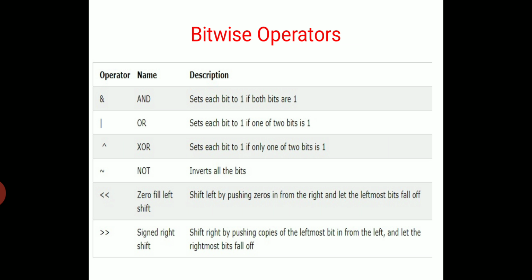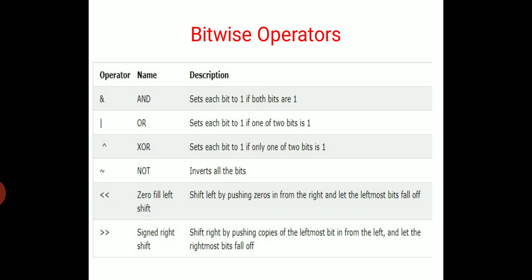Each bit is set to 1 if only one of the two bits is 1. And invert all bits means अगर आपके पास सारे bits 1 1 1 1 हैं, it should be converted into 0 0 0 0. So we can use the not operator. Whenever you use the not operator, it will convert all the bits into 0, और 0 है तो 1 में convert कर देगी.